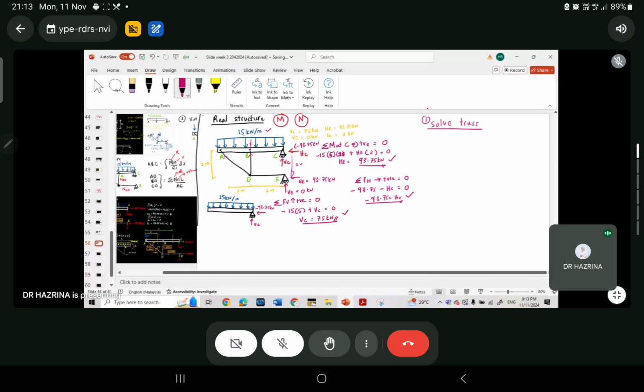Okay, so macam mana nak solve truss tu? So maksudnya dekat sini you can calculate.